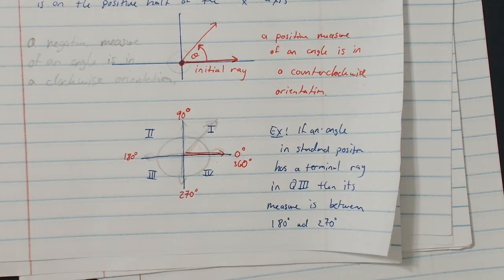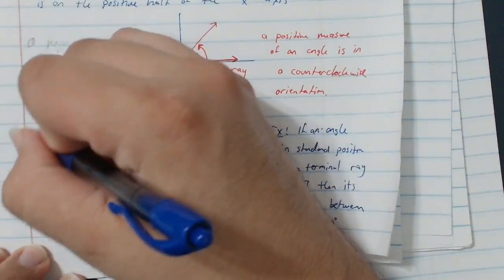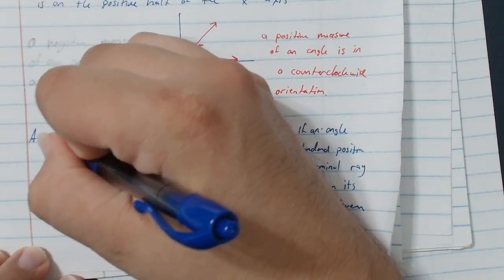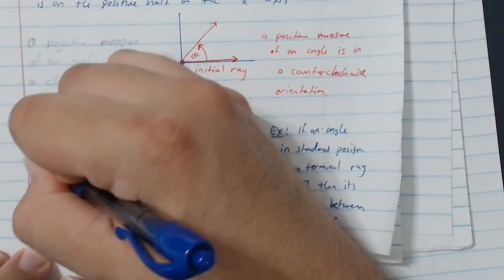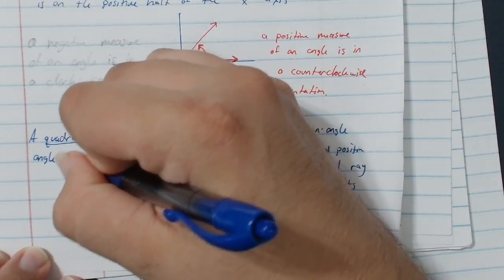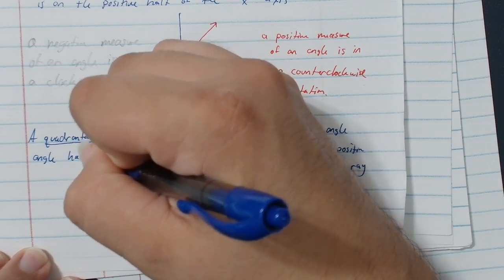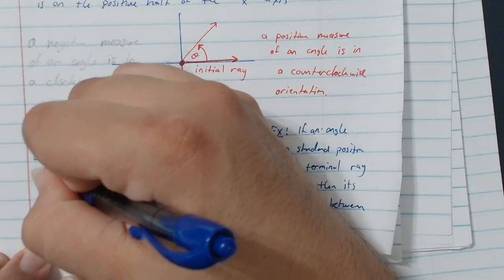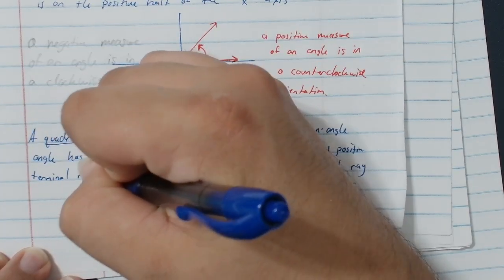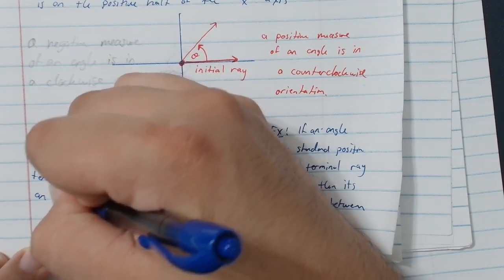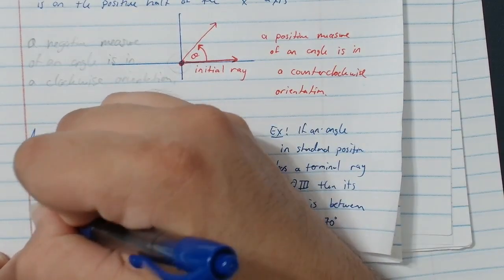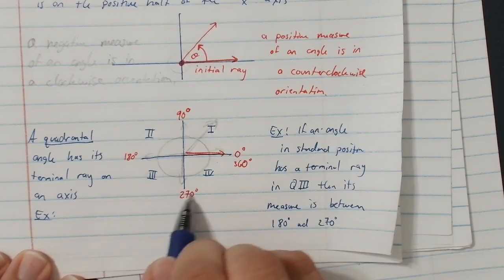Those are separate, and those are called the quadrantal angles. I'm a little tongue-tied right now. So here, a quadrantal angle has its terminal ray on an axis. So for example, 0, 90, 180, 270.